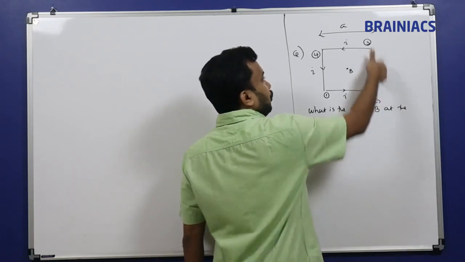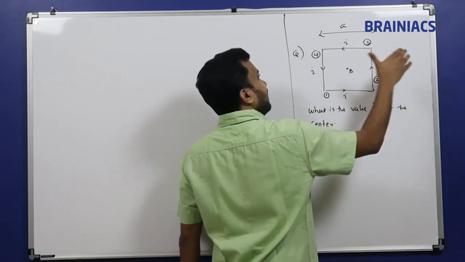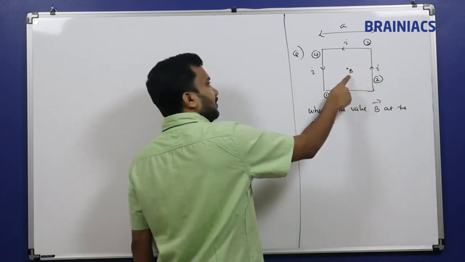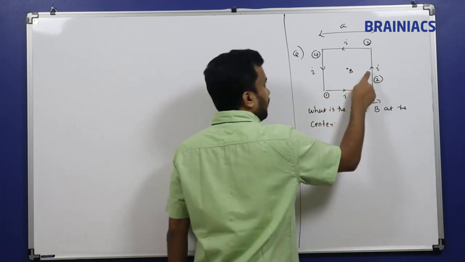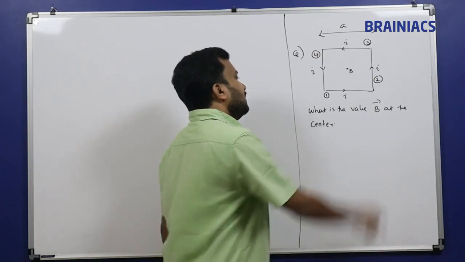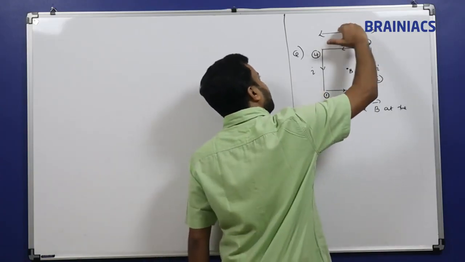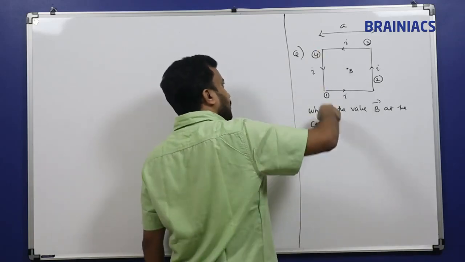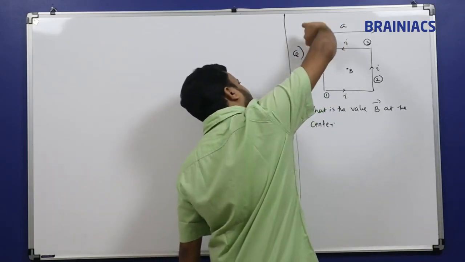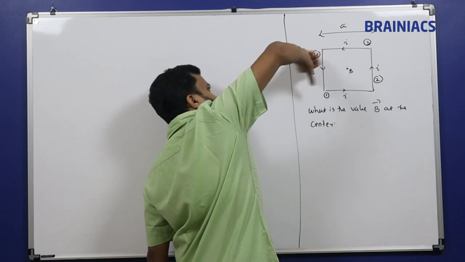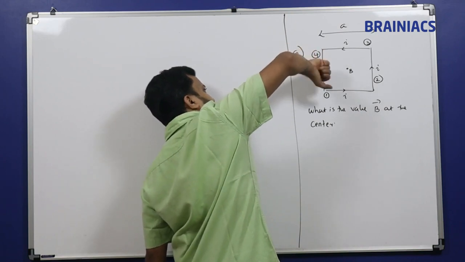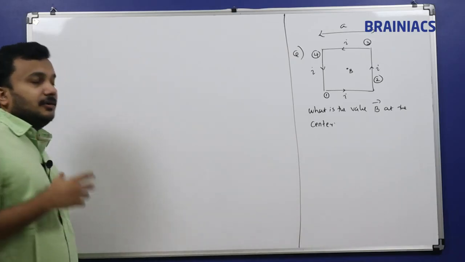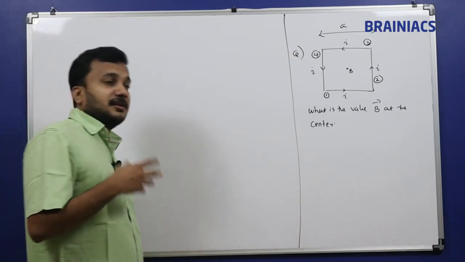Because of 2, the magnetic field is also outside. At point 3, holding my fingers, the field is also coming outside. For the downward current, I hold the thumb downward and curl the other fingers, so it's outside. So all the magnetic fields created by all 4 conductors are outside.